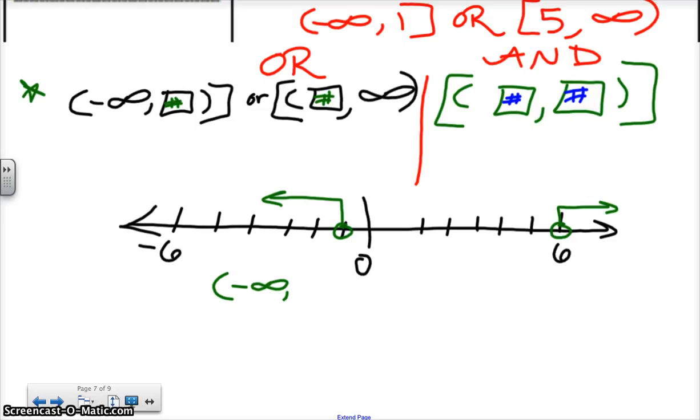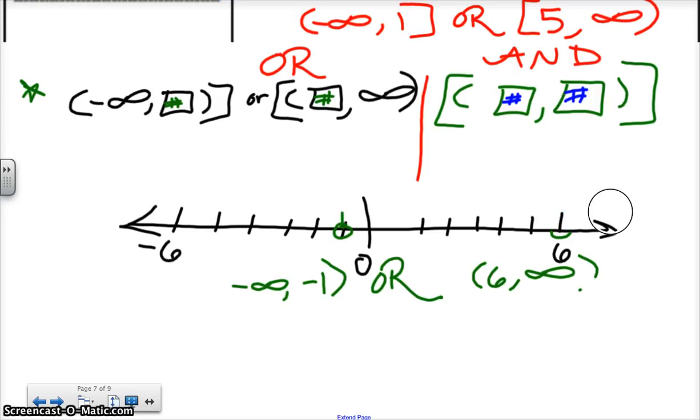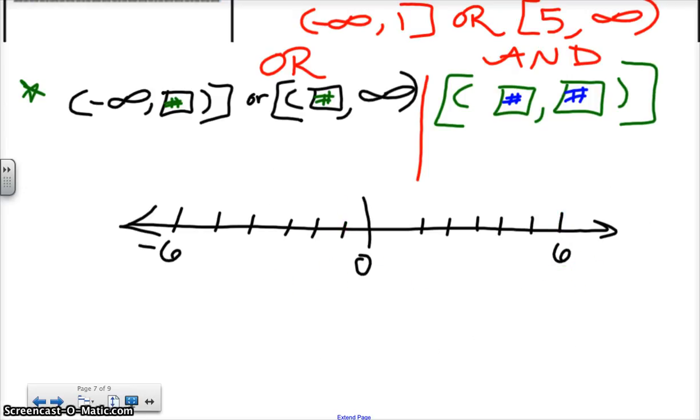My number is -1. Parentheses, because I'm not colored in. Or, my next number is 6, parentheses, going all the way to infinity. You'd never color infinity in. All right, that's me just giving you step-by-step instructions for this first one.